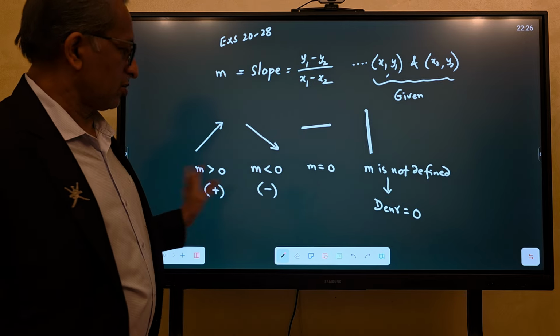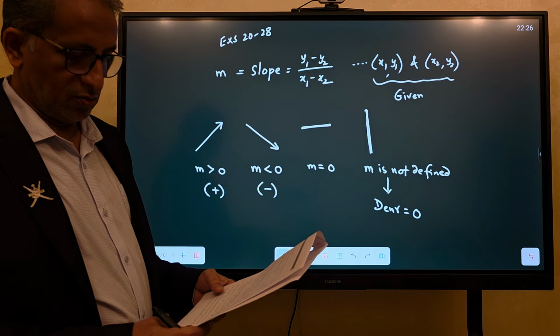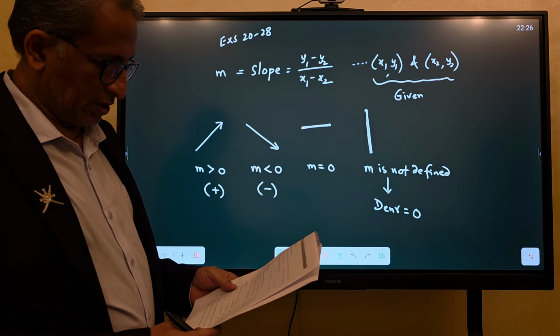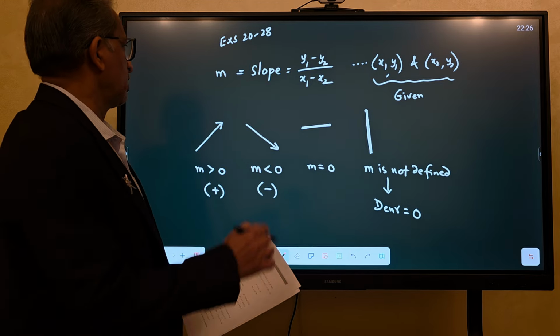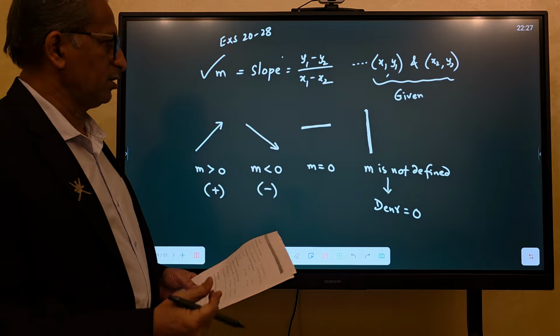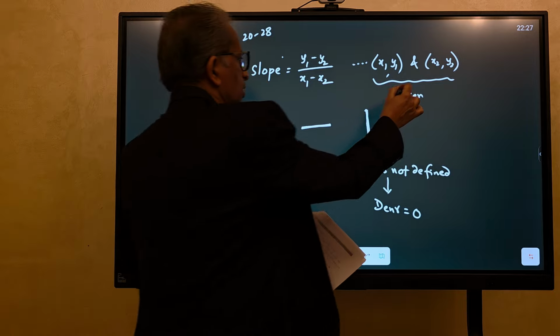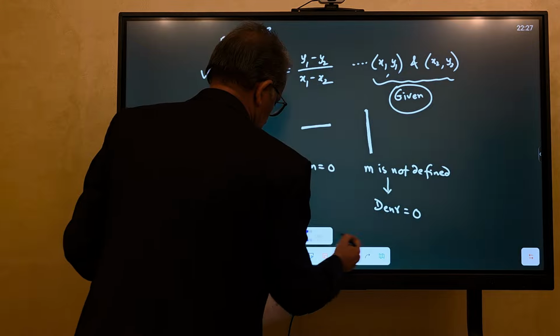With all these concepts, let us solve examples 20 to 28. In these questions, we are just finding the slope of a line where the 2 points are given. Let's take an example.